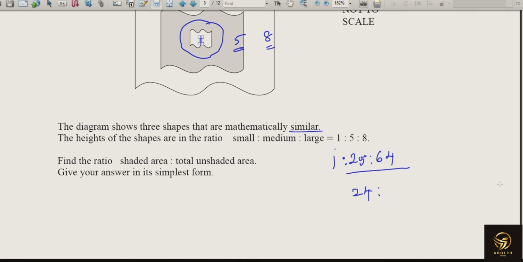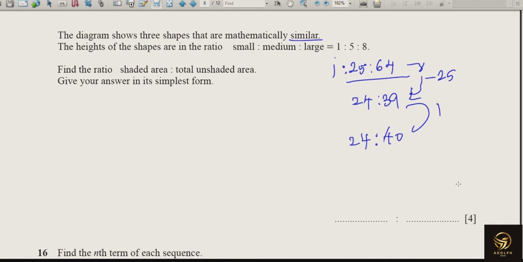This whole 25 I should remove, so if I subtract 25, I get 39. But in the 25, that inner part is unshaded, so I have to add it back. So 39 becomes 40. This remains as 24. If I simplify to the lowest term, it becomes 3 times and 5 times. So the ratio is 3 to 5.